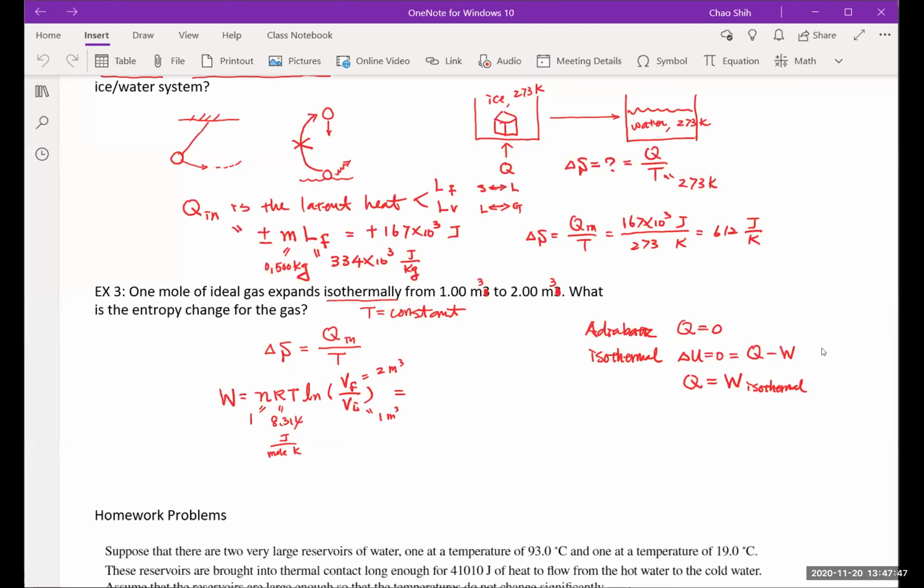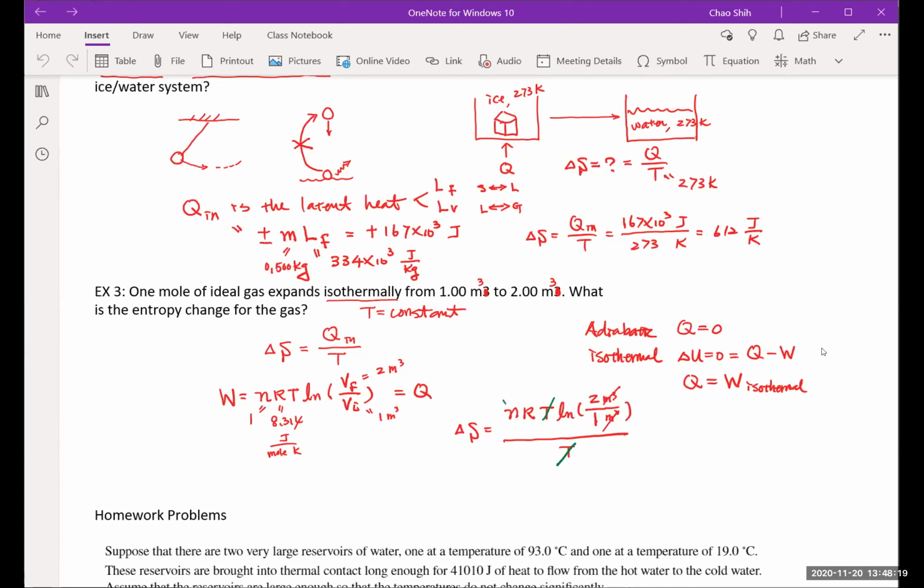This is equal to your Q. So our change of entropy is equal to Q, which is equal to W, which is nRT natural log 2 over 1 meter cubed. The meter cubed will be canceled out anyway. And the bottom thing is going to be the temperature. And you see, even though we didn't tell you the temperature, the temperature will be canceled out.